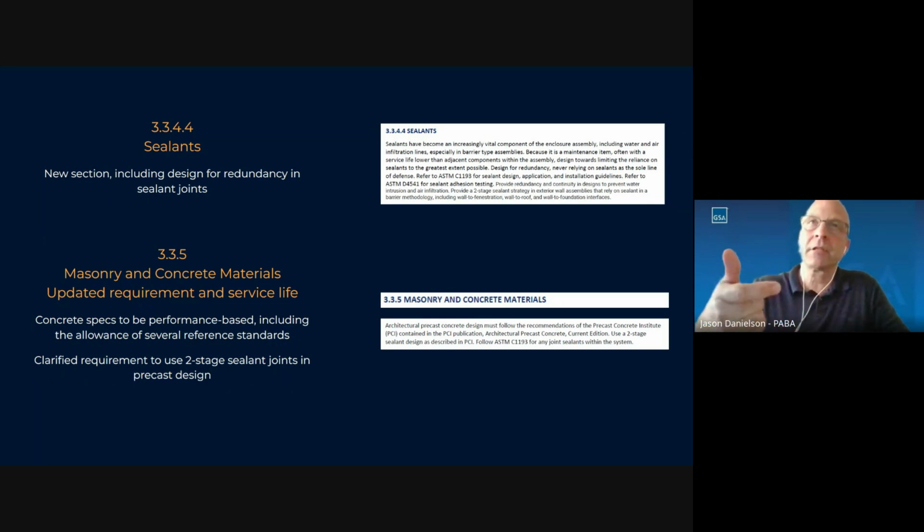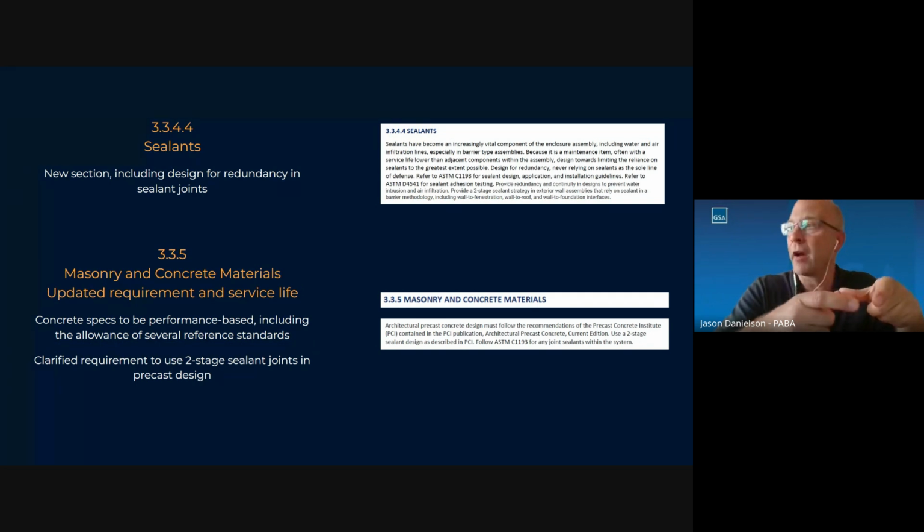For those sealant joint systems that are a barrier system, which means we're relying 100% on that sealant, we need to have that, and right now we kind of reference PCI, Precast Institute. But what PCI talked about was panel to panel. It was very clear about that two-stage sealant, the inner line being your primary seal, and then that kind of weeps out to your exterior.